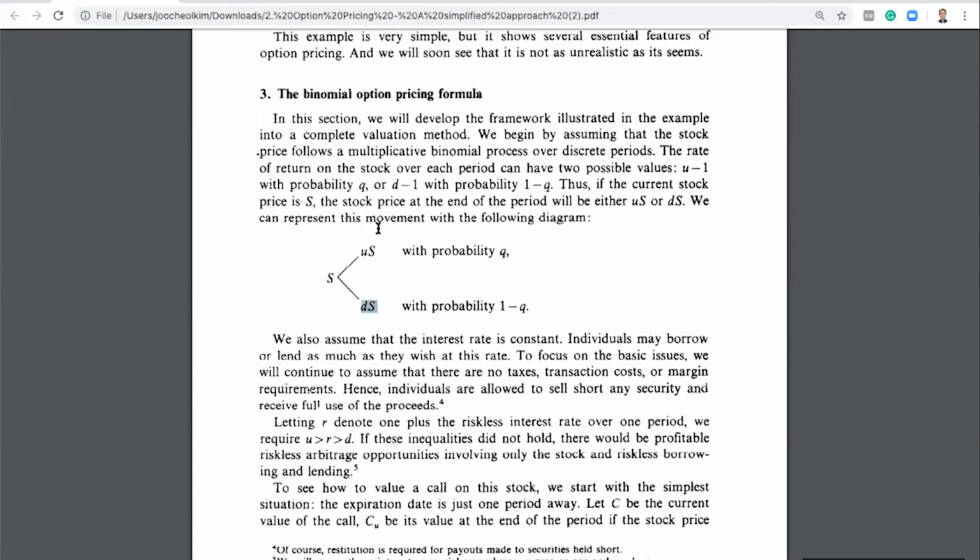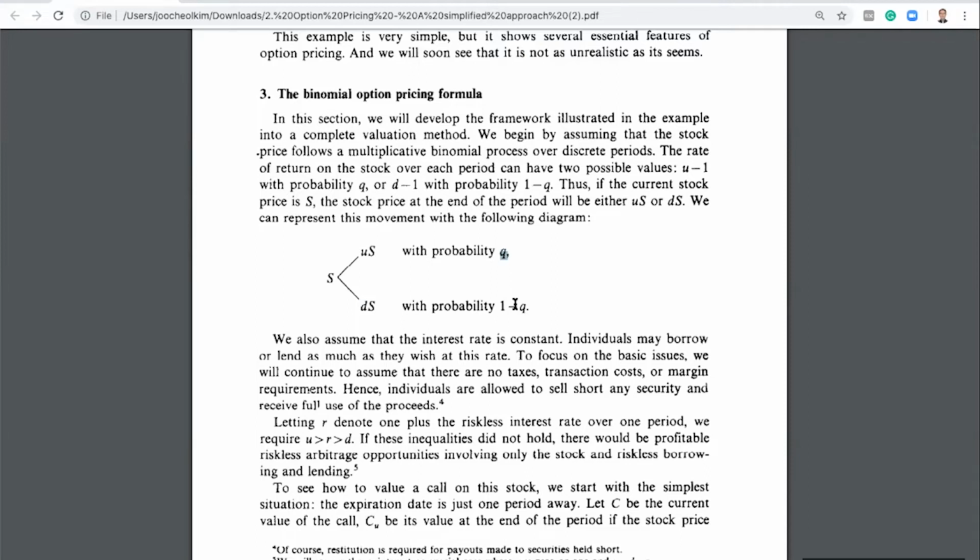Then, intentionally, these authors assign some probability Q. Usually we denote the probability as P, but here the authors intentionally introduced Q because they wanted to use the notation P for different probabilities.